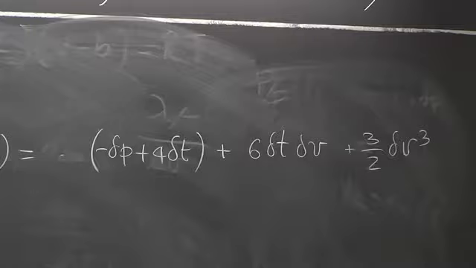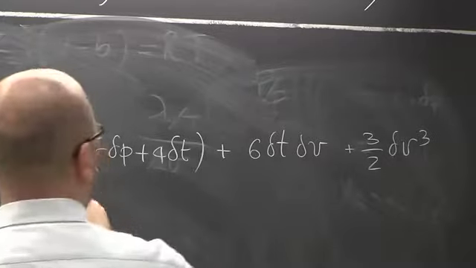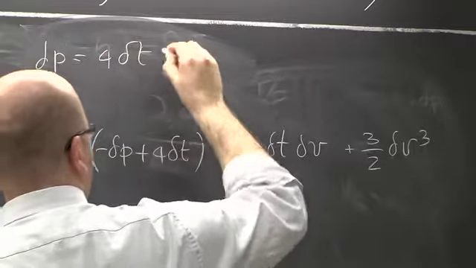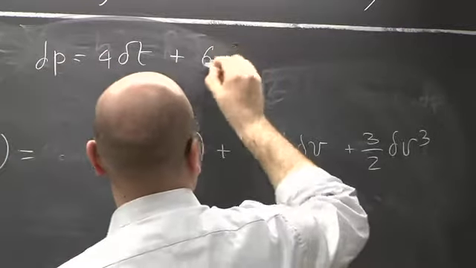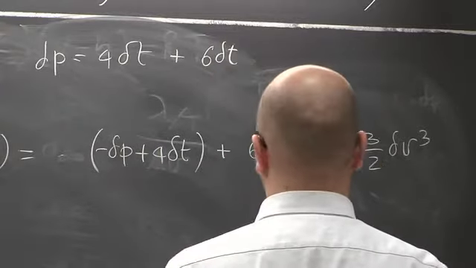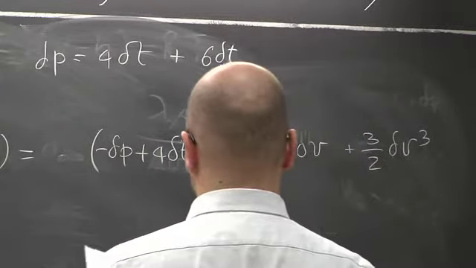No, because if you put this equal to 0, then delta P is equal to 4 delta T plus 6 delta T. It's minus, okay.